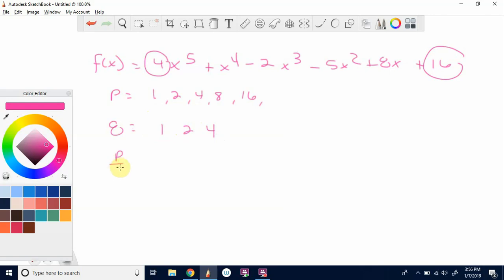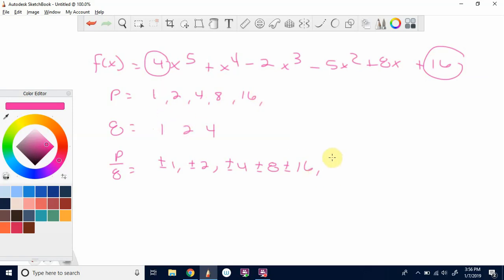So we're going to take p over q of every possibility. All these divide by 1, so it's always plus or minus. I'll write it this time, but I'm not going to write the plus or minus each time. Plus or minus 1, 2, 4, plus or minus 8, plus or minus 16. How I got these is 1 divided by 1, 2 divided by 1, 4 over 1, 8 over 1, 16.